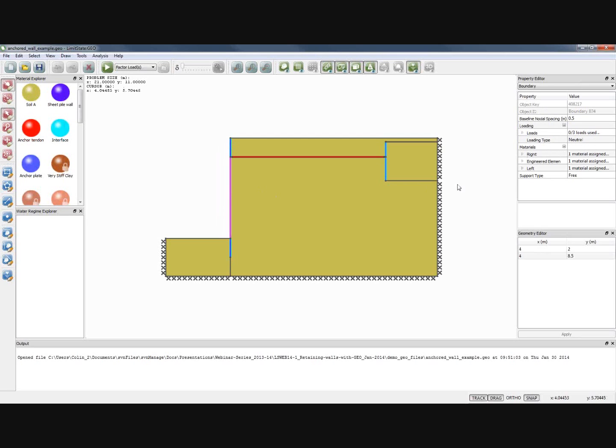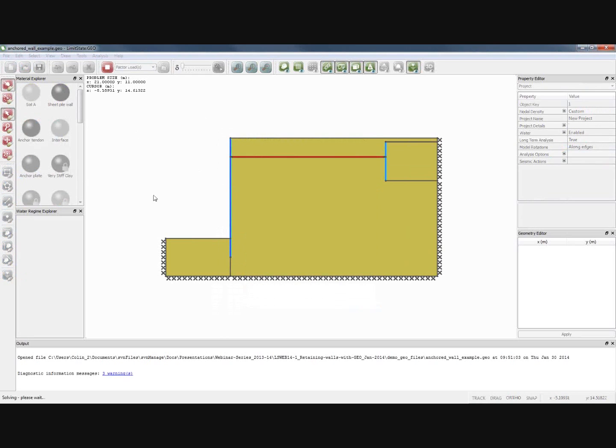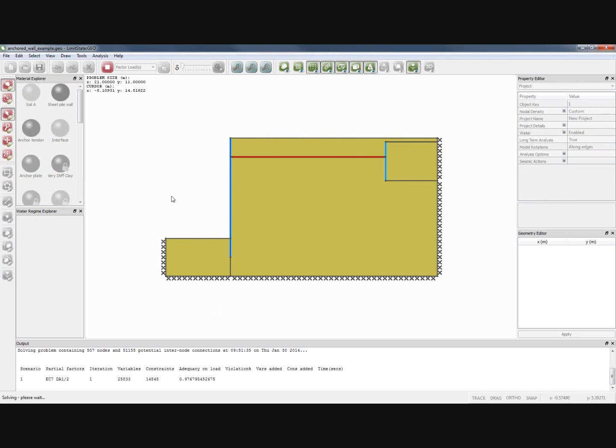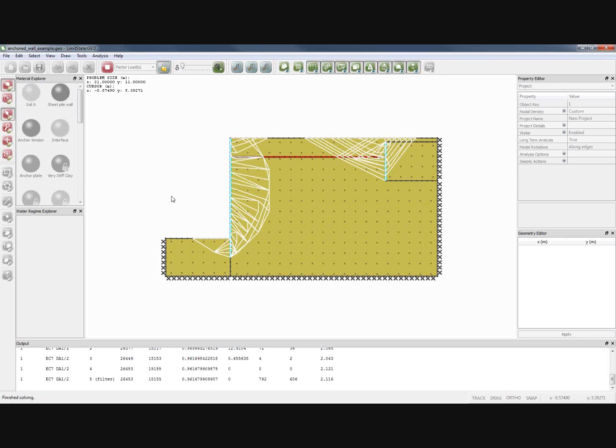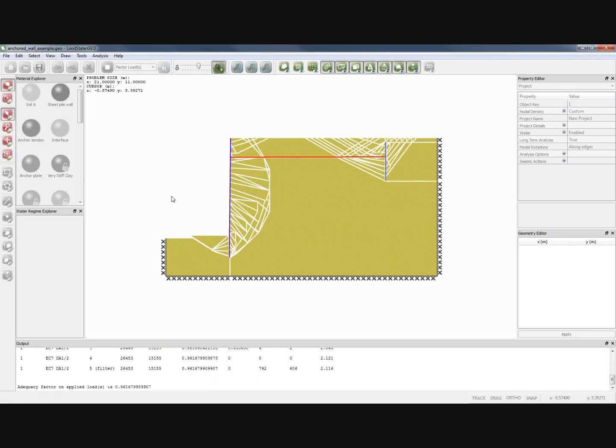This is, again, an engineered element modeling the wall with a certain bending strength, and we've got on the sides interface materials with a particularly specified angle of friction. It's joined by an anchor tendon to effectively a Deadman anchor, and if I analyze that, in this particular case, it's been set up so that the anchor itself and the wall are just about going to fail simultaneously. So we get two mechanisms, and the wall rotates about the anchor point.